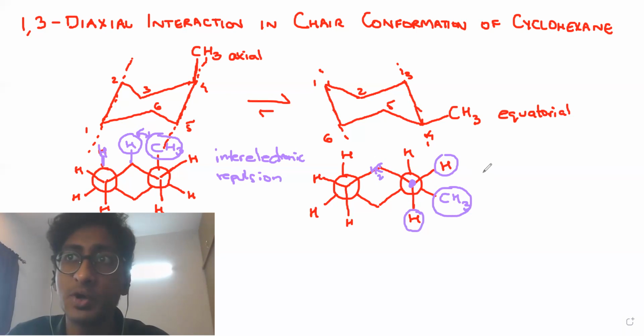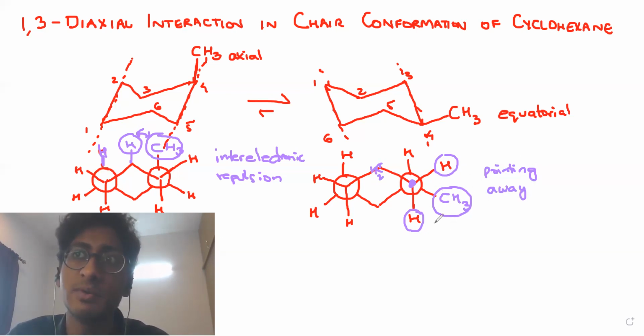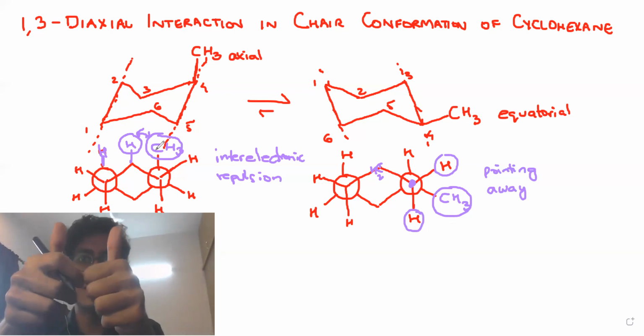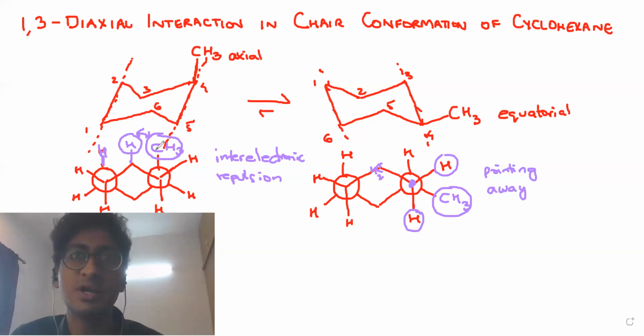Hence, their interelectronic repulsion is going to be minimal as this becomes larger. As the methyl group is substituted by an ethyl or tertiary butyl, they're always pointing away. Hence, the steric interaction is lesser as compared to when it was in the axial position, where it is parallel to each other. So the bulkier it gets, the closer it becomes to each other.